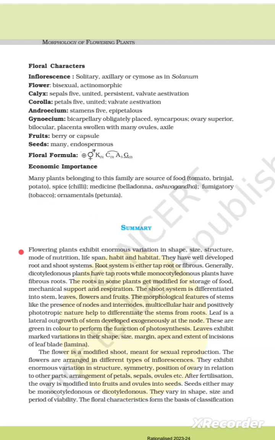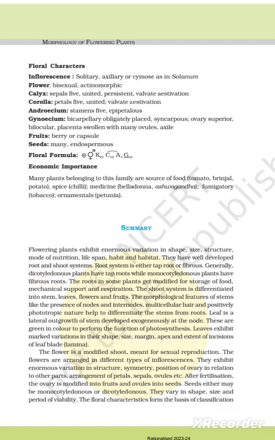Summary: flowering plants exhibit enormous variation in shape, size, structure, mode of nutrition, life span and habitat. They have well defined root and shoot systems. Root system is either taproot or fibrous. Generally, dicotyledonous plants have taproot, while monocotyledonous plants have fibrous root.